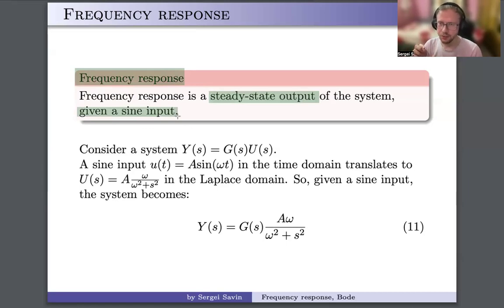What does steady state here mean? Well, given a sine input, your steady state solution is going to be also a harmonic signal. So steady state does not mean that the state is constant. What it means is that it is a periodic signal, right?